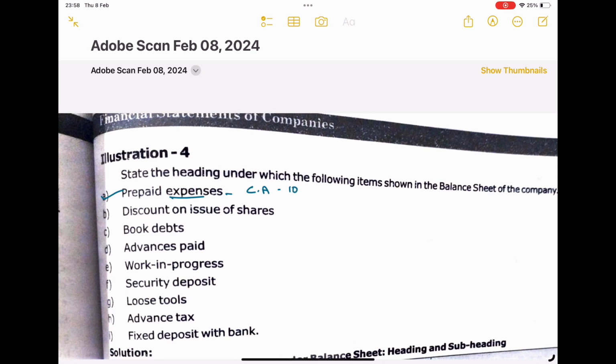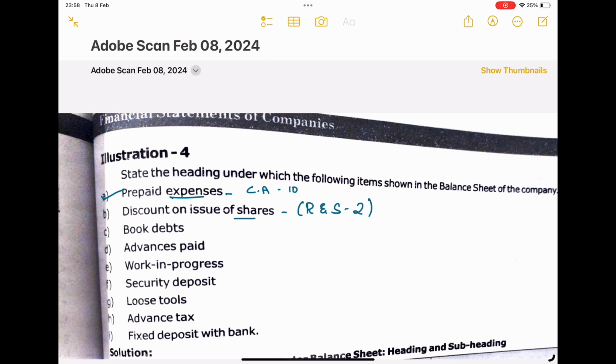Discount on issue of shares. In the last problem we saw discount on issue of debentures, right? In the same way, discount on issue of shares will also be considered as a reduction in the value of the equity share price, that will be deducted from reserves and surplus, note 2.